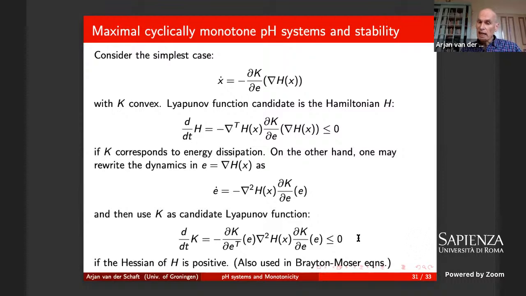As I mentioned, the Hamiltonian is of course the typical candidate for a Lyapunov function. But if you want to investigate the stability of an equilibrium which is not the minimum of the Hamiltonian, then you could also try to do this. And in fact, that is what was classically done in the Brayton-Moser theory for RC circuits.